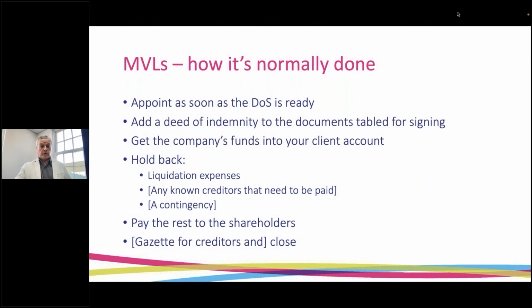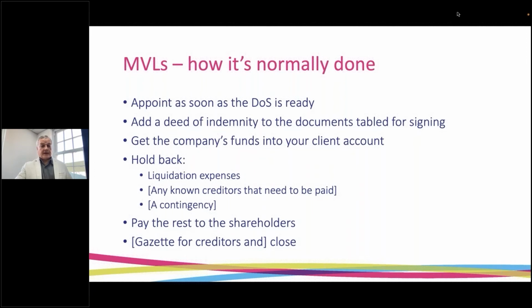You will normally ask them to send the company's funds into your client account, although they may themselves distribute most of the money by way of loans, which would then leave you with a distribution in specie to deal with as liquidator.